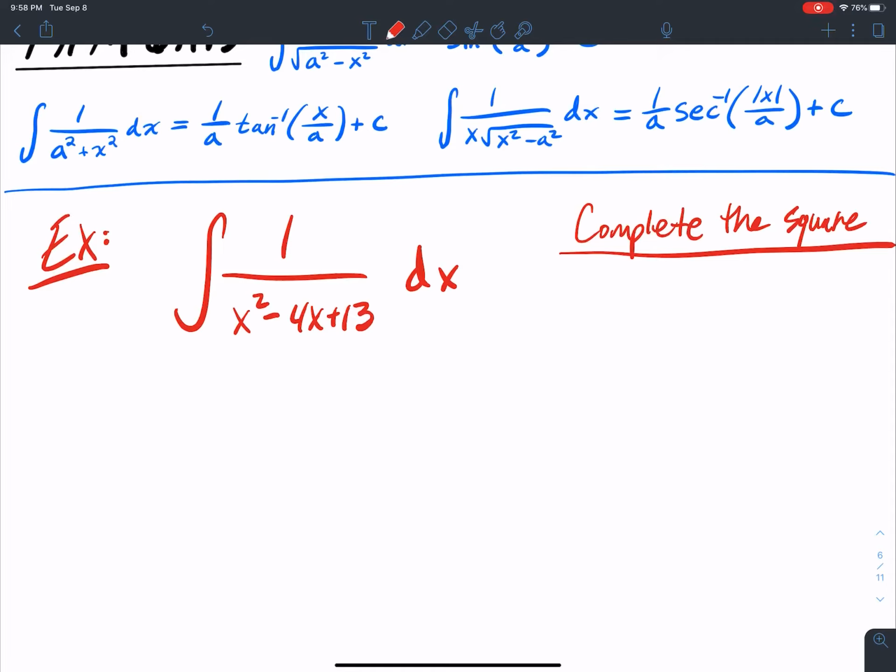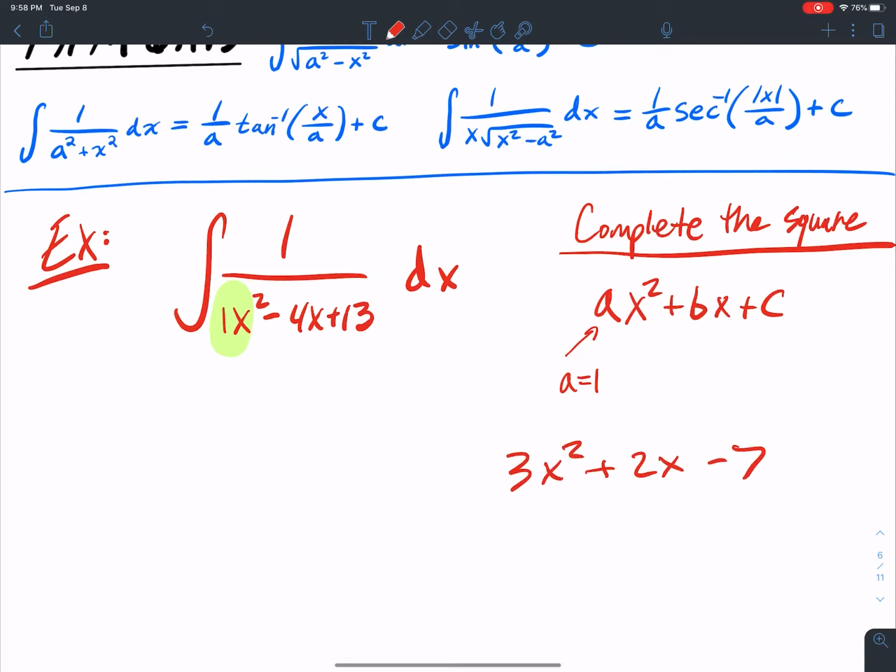So say I have some ax squared plus bx plus c, okay? And I want to complete the square here. Well, what I do first is I make sure my a is equal to 1. For this particular one, the coefficient in front is a 1, so we're good to go. So if your a is not equal to 1, so it was like 3x squared plus 2x minus 7, then to make it equal to 1, you divide everything by 3.